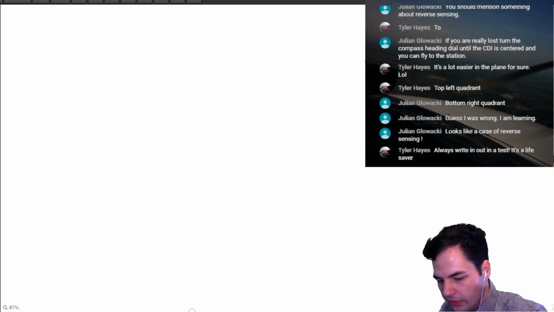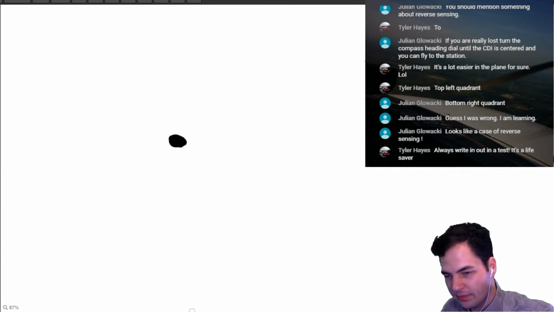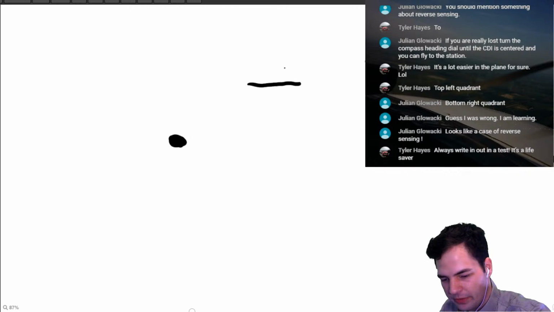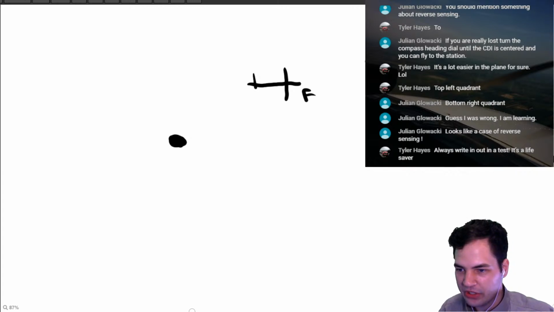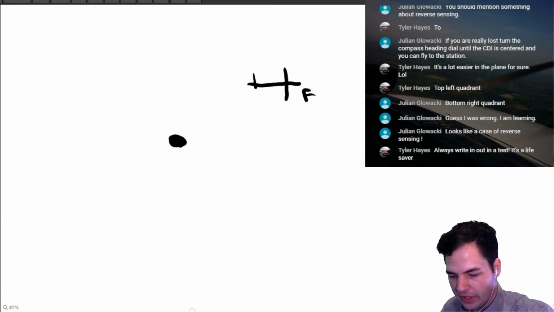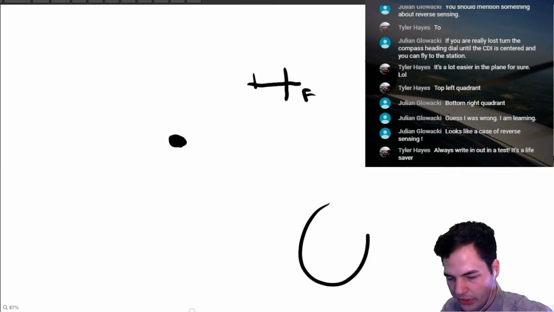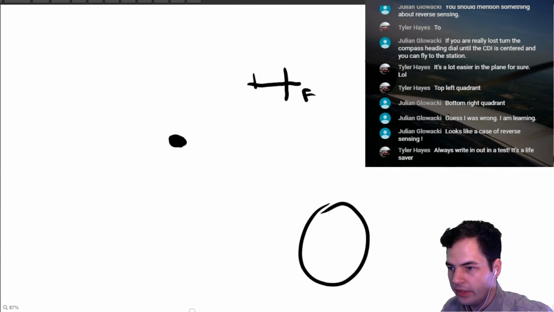So let's do one like that. So we have our VOR. And let's use that example. We got an airplane at position F, and we want to know the indication. So let's say we have an OBS which is set at, let's do 060.